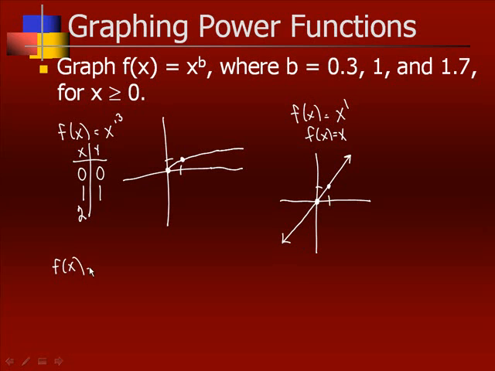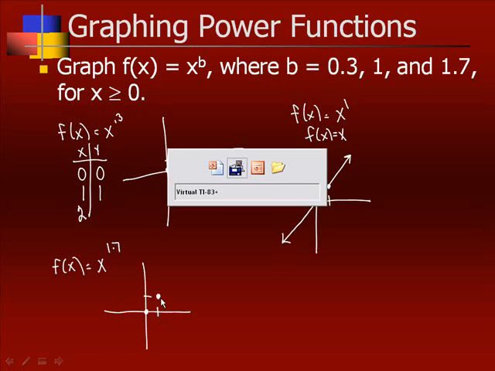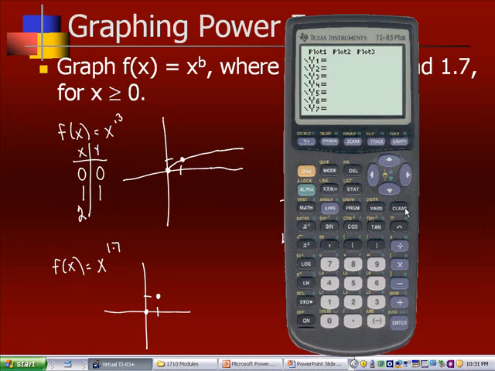The third one, f of x is equal to x to the 1.7. Same thing, I would just pull out my calculator, get our values. We know that 0, 0 is going to be on there. We know that 1, 1 is going to be on there. Now let's just find out where it goes from there. So we go to f of x equals x to the power of 1.7. Graph that.